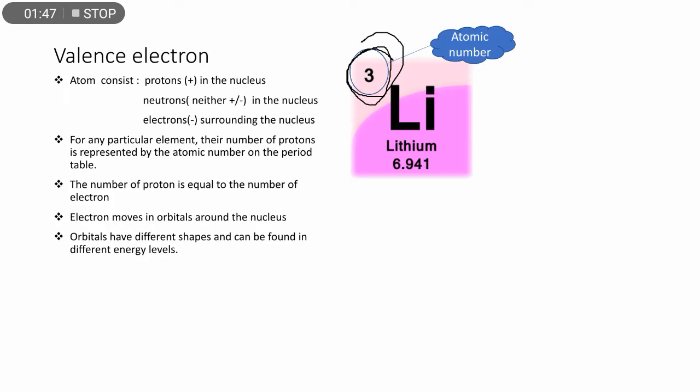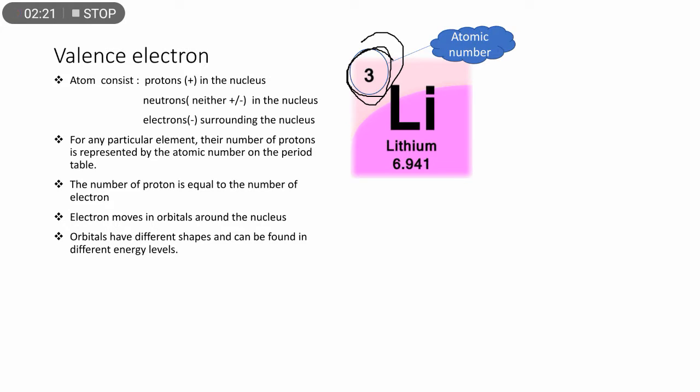This indicates that the protons of lithium are 3, and the third bullet here indicates that the number of protons is equal to the number of electrons. With the example of lithium, it means that the number of protons is 3 and the number of electrons is 3. This is something that you should know by heart.